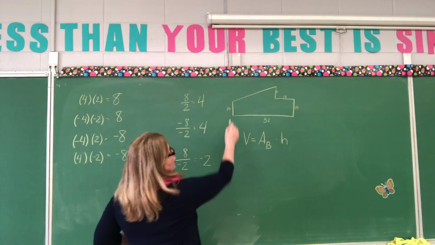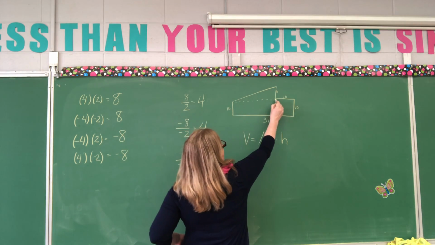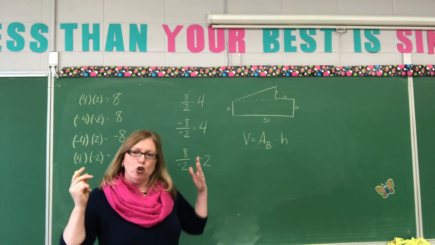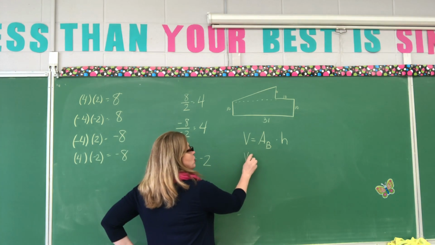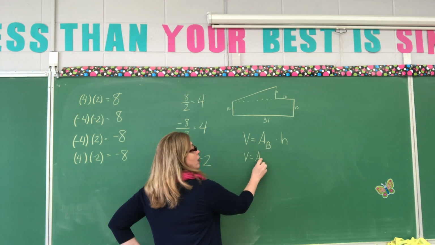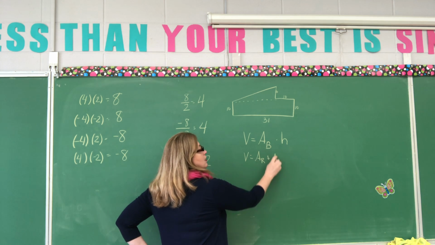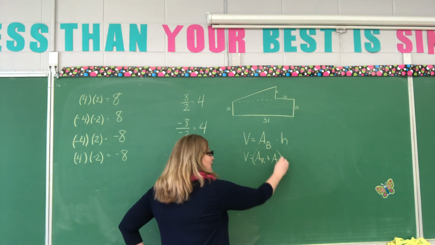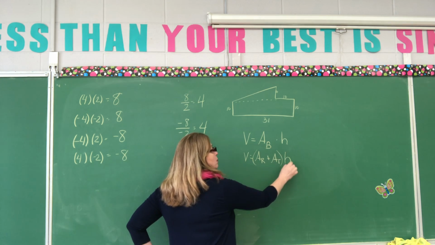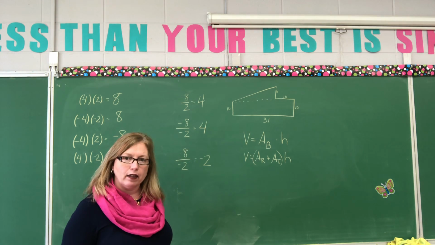We're going to have to divide it across here to get two normal shapes. Now the volume's going to be the area of our rectangle plus the area of our triangle. We're going to add those together. Then we're going to multiply by our height.